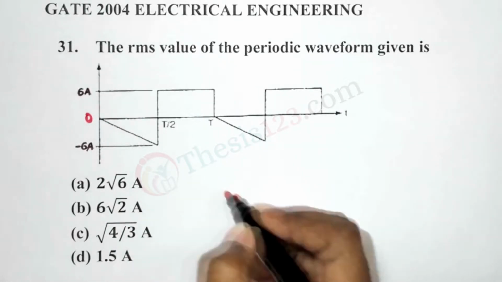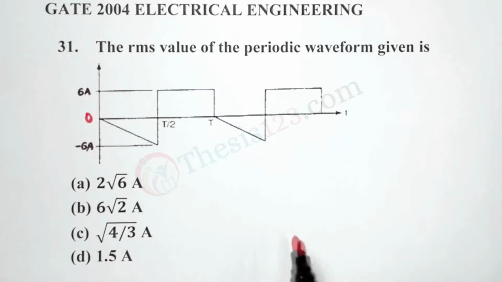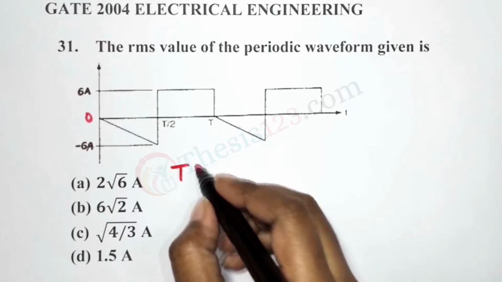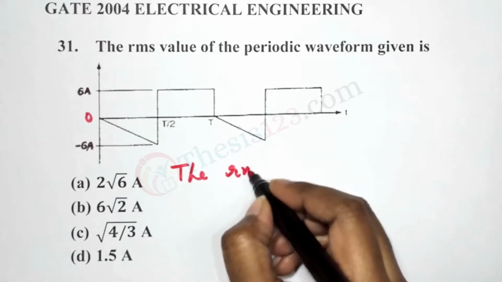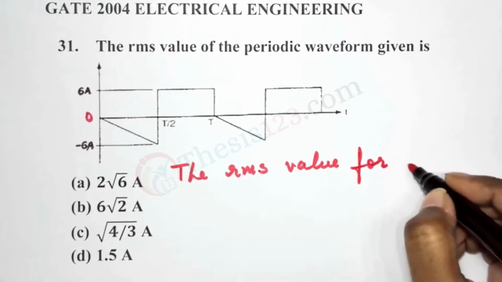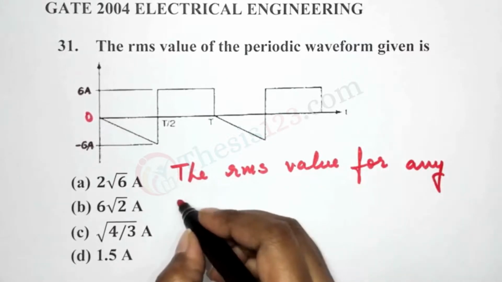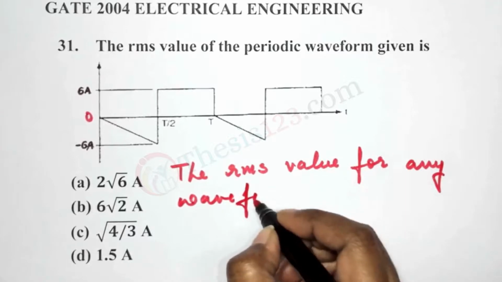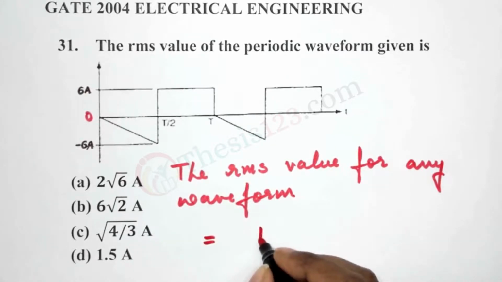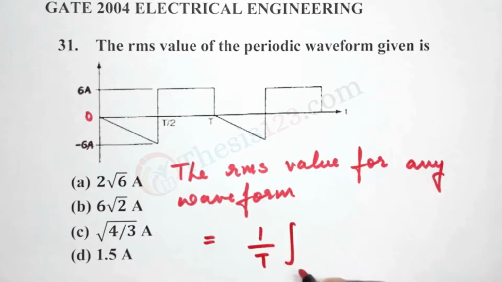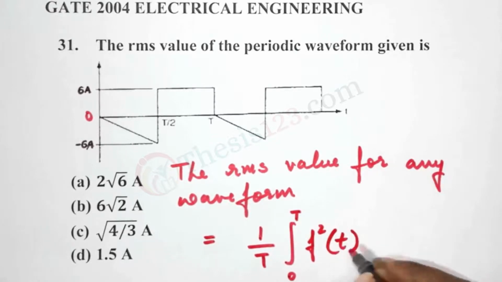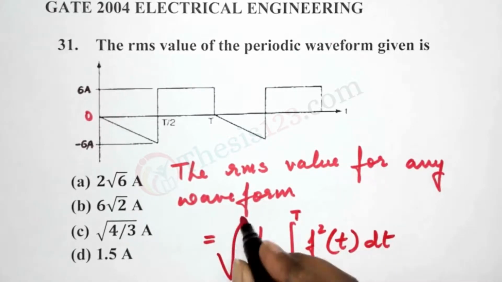Okay? So you will have to note the basic formula for the RMS of any waveform. So let's write that down. The RMS value for any waveform is the square root of 1 by t, integral from 0 to t of f square of t dt.